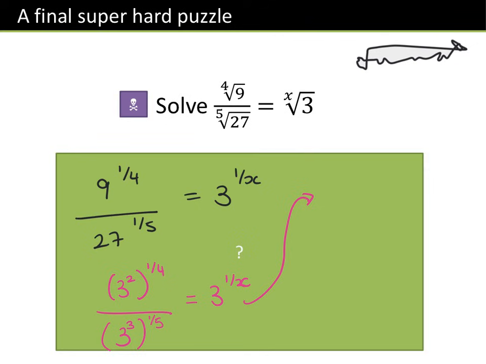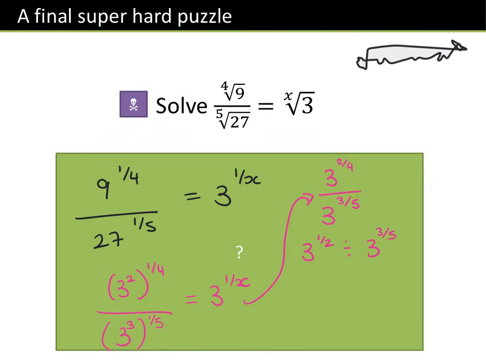Now, 3 squared to the power of a quarter, I can rewrite that as 3 to the power of 2 over 4, which we know is a half. I'm just going to keep it in quarters a second. And then I'm going to get 3 to the power of 3 over 5. This is a division, isn't it? So I'm going to get 3 to the power of a half divided by 3 to the power of 3 over 5, which actually means I'm going to subtract the powers.